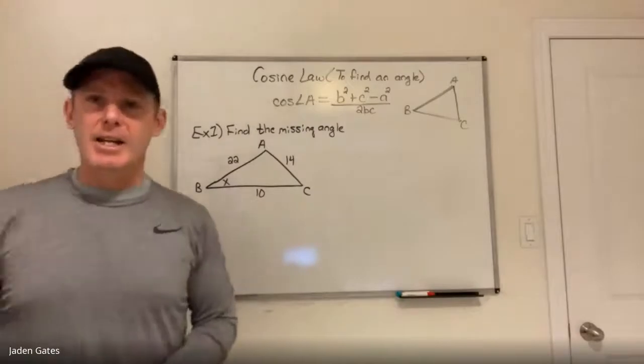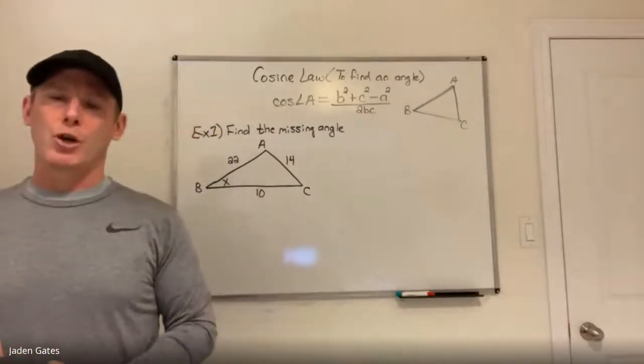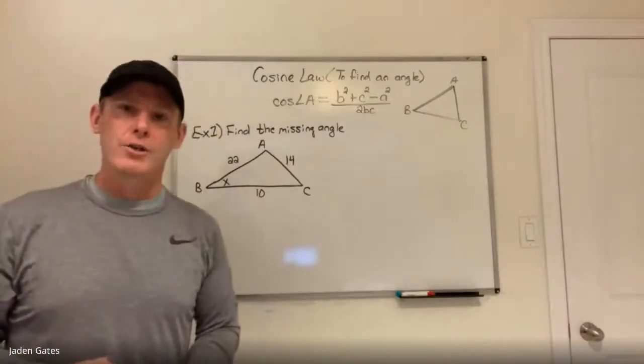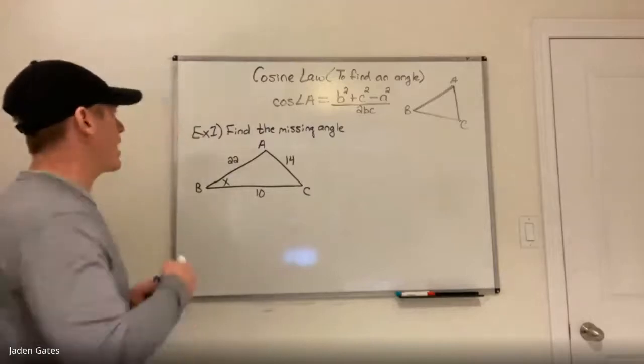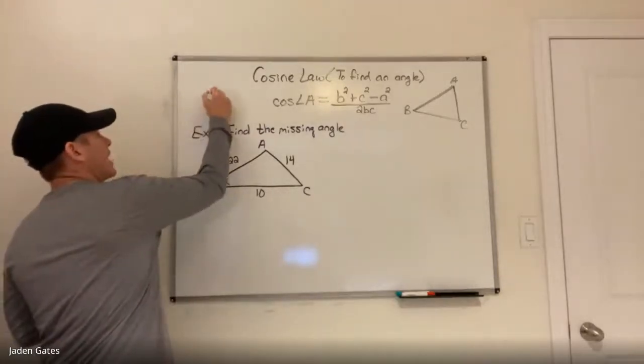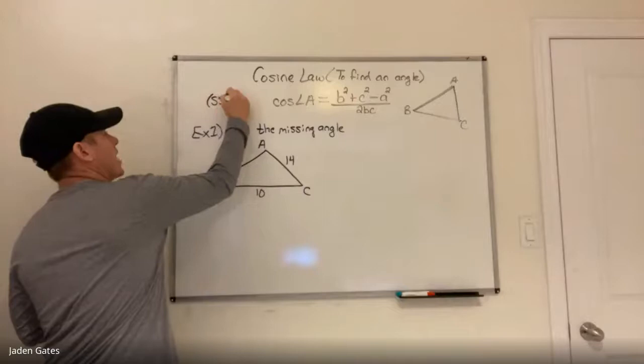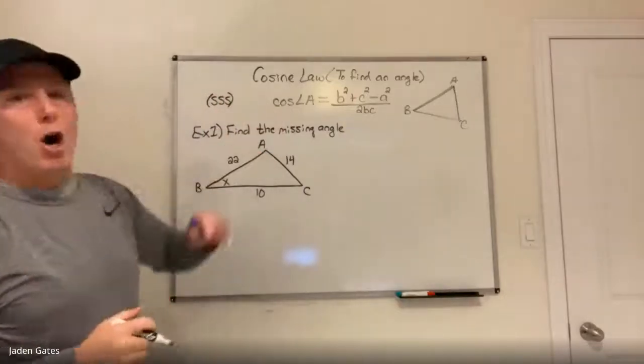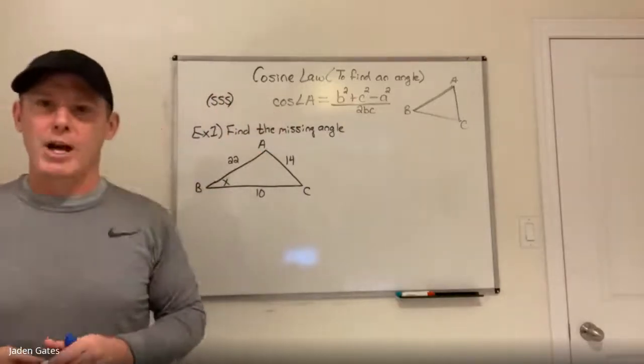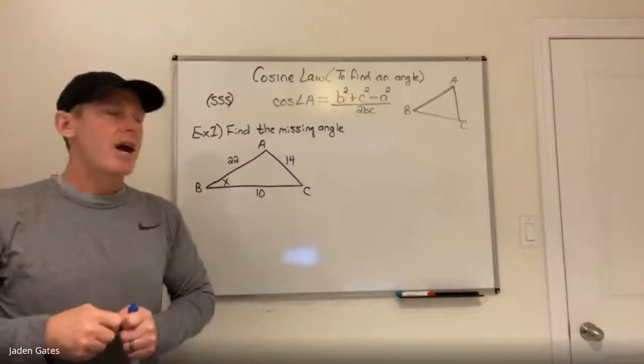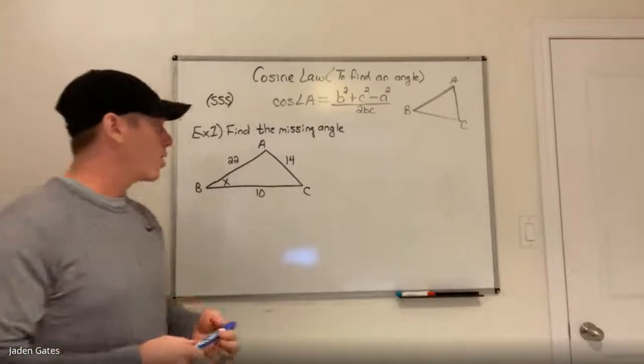But today is the second scenario when you would use the cosine law, and that is when you have SSS, side, side, side, where you know all three sides of the triangle. The sine law can't be used then, and that's when you would use the cosine law.